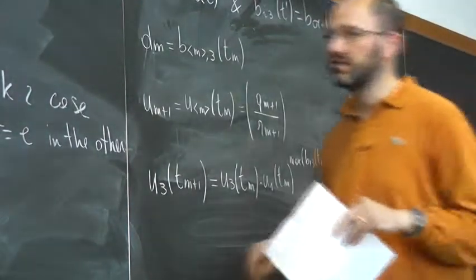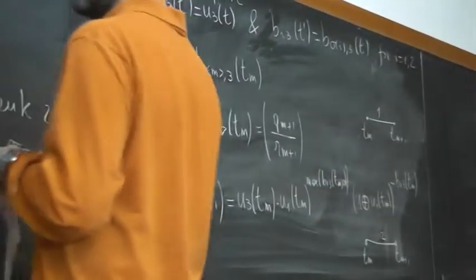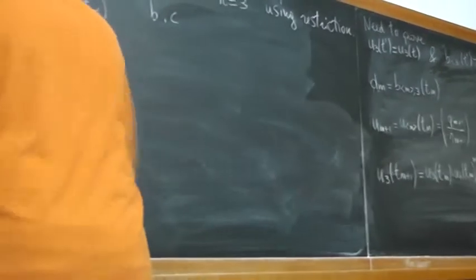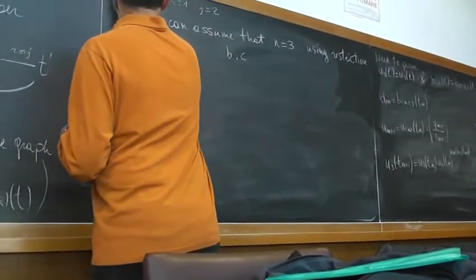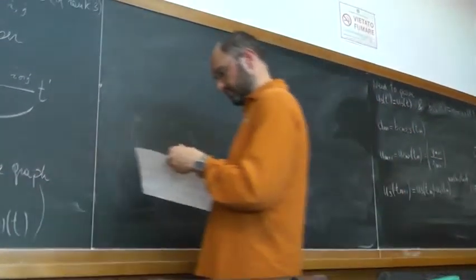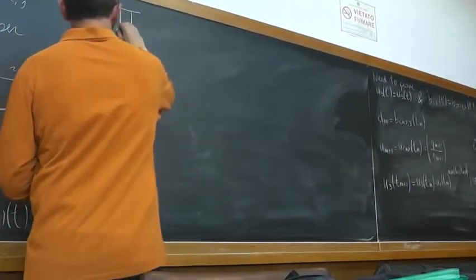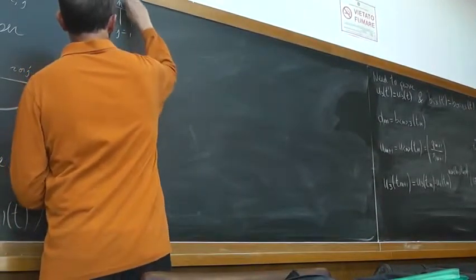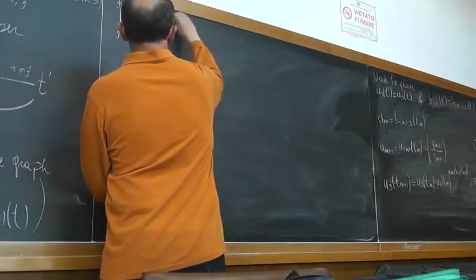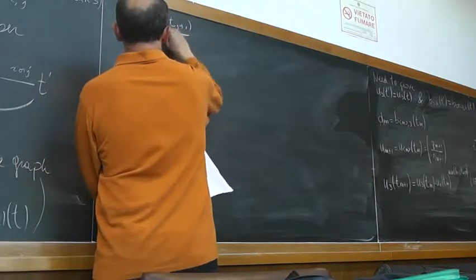So from these two relations, we can compute this product, j from 1 to h plus 2 of u_3 of t_{j+1} over u_3 of t_j.